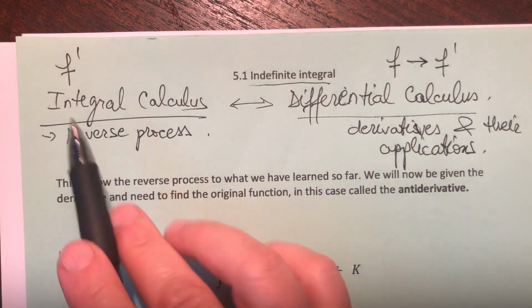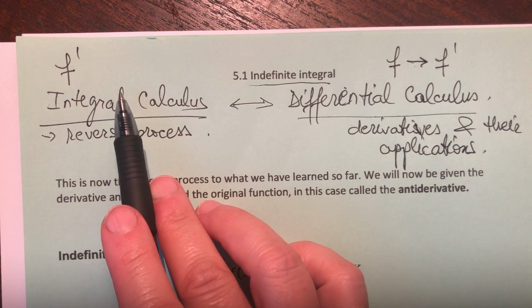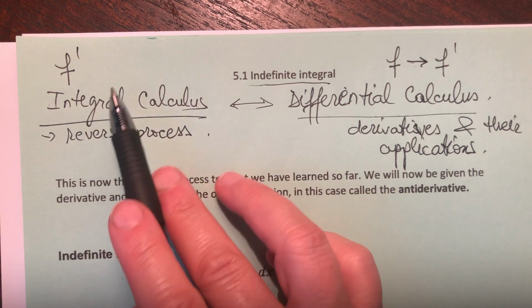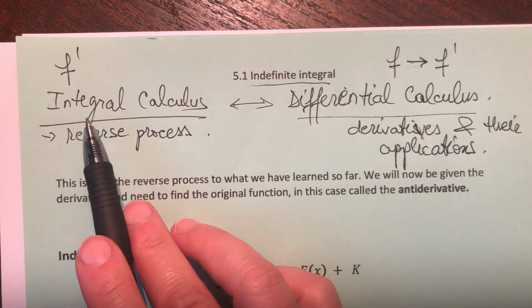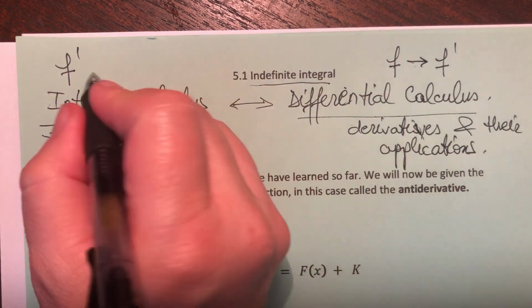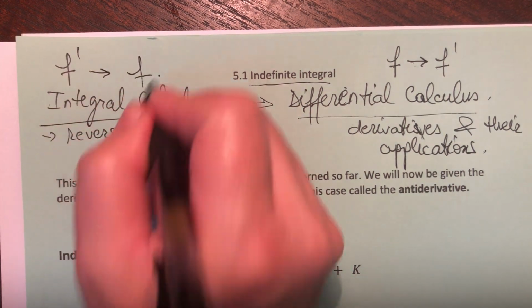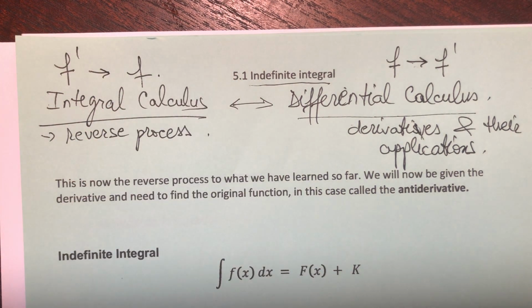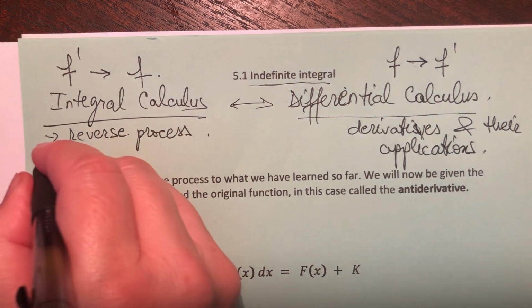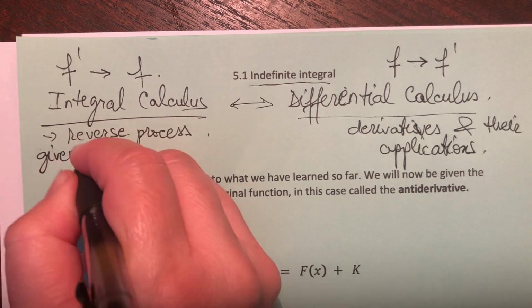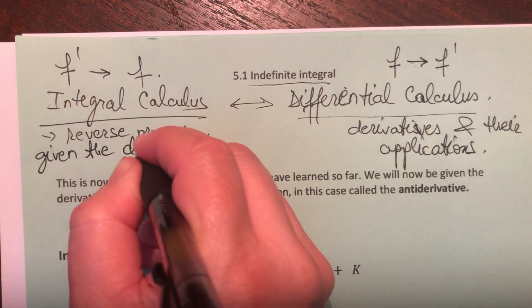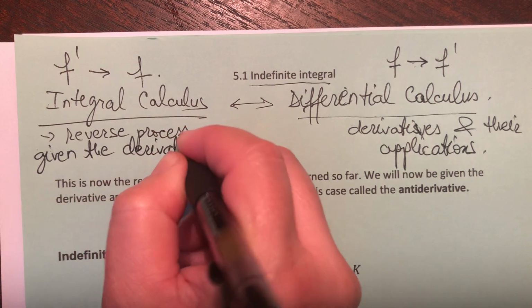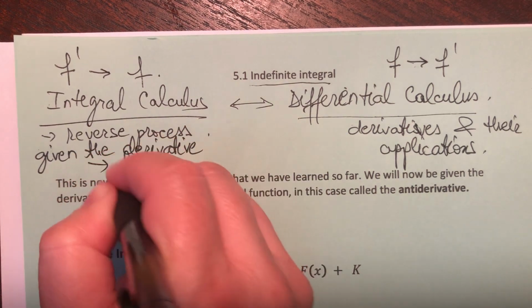We know where the function's changing at a point in time. We know the rate of change. We know what the derivative of a function is at any point in time. Can we go back to find the function itself? So given the derivative, we will be asked to find the original function.